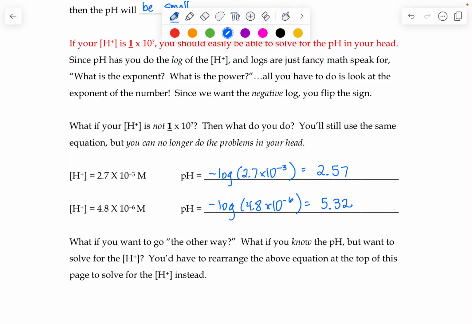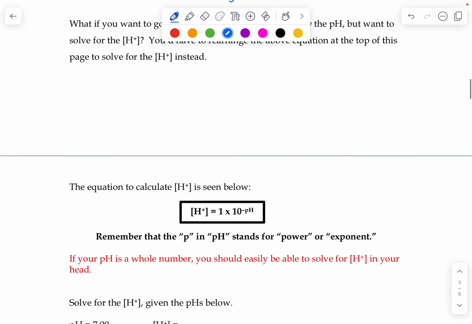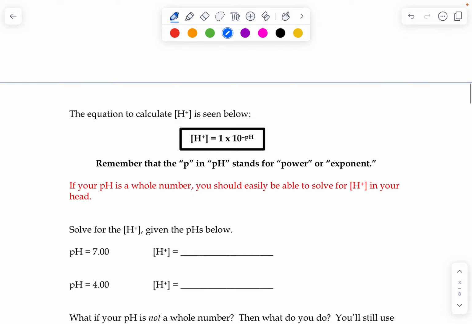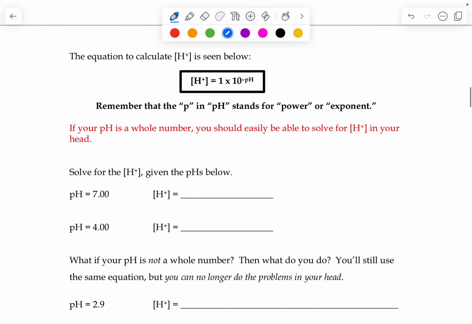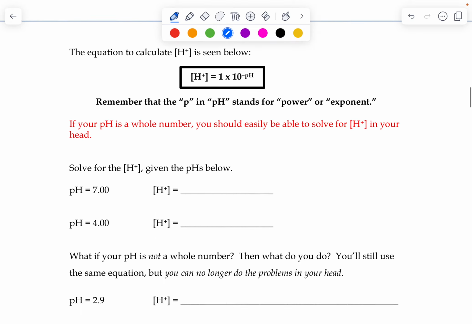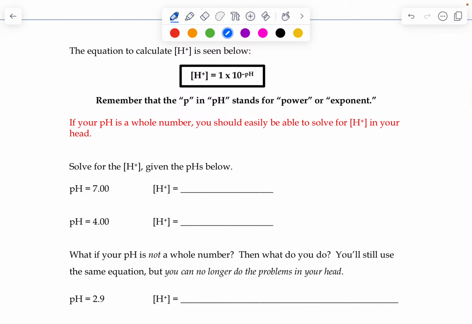But what if you wanted to go the other way? What if you know the pH and you wanted to solve for the H plus instead? Well, H plus is going to be 1 times 10 to the negative pH. And remember that the P in pH stands for power or exponent. So if the pH is a whole number, it's pretty easy to take that whole number and just turn it into an exponent.